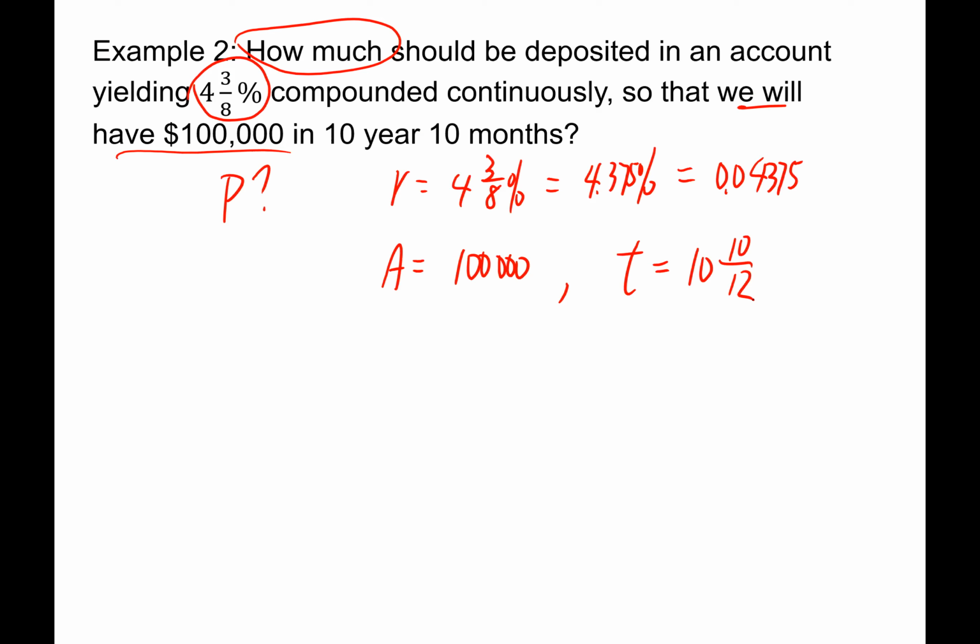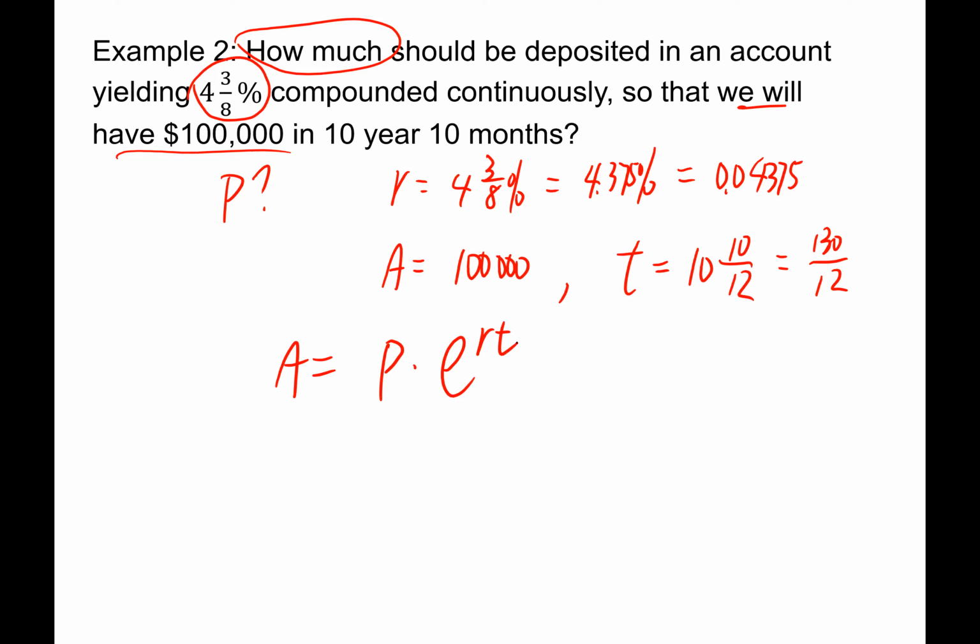And here you go, so we just simplify this. If you turn it into an improper fraction, that'll be 10 times 12, 120, adding 10, 130 over 12. Okay. And now we're looking for p. So apply the formula p times e to the rt.